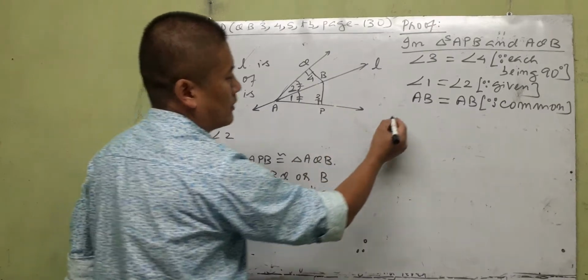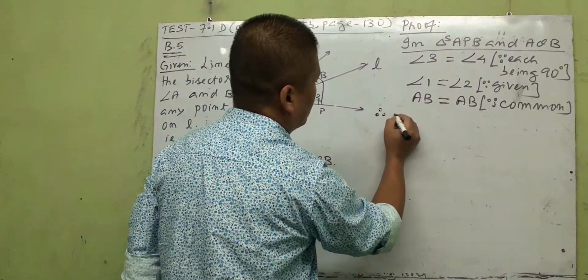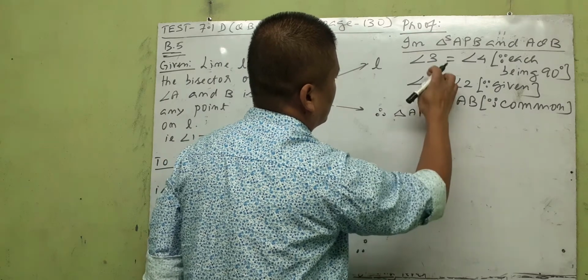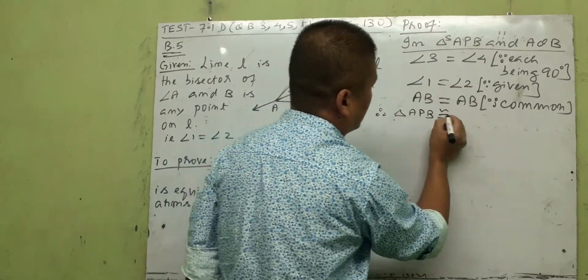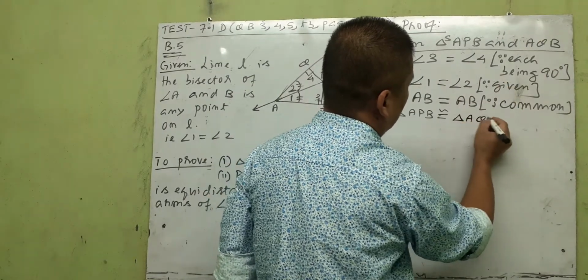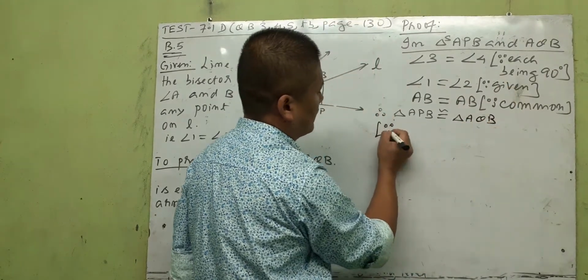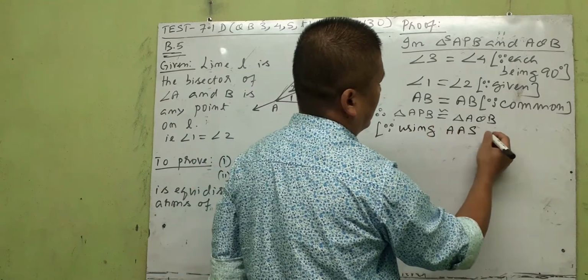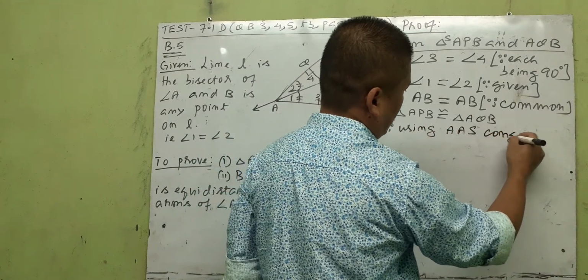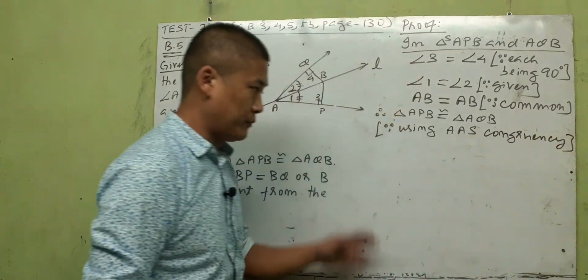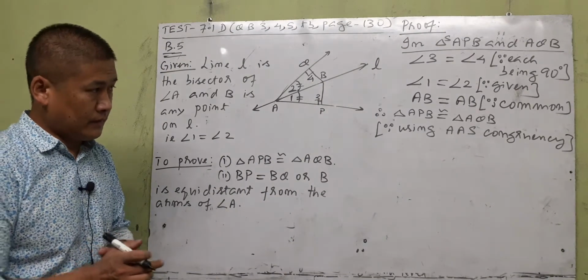So we know now that if two triangles are such that two angles and one side are equal to two angles and one side of the other triangle, those two triangles will be congruent by a condition called AAS, angle angle side congruency condition. We have learned this theorem in one of our previous classes, right? So the first one is proved.